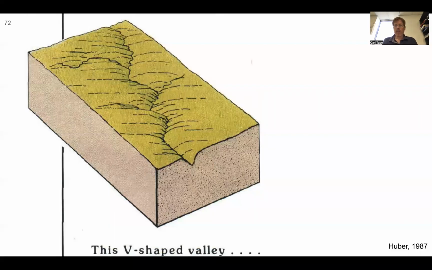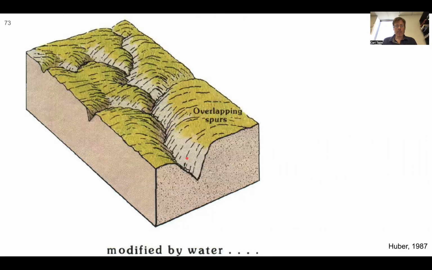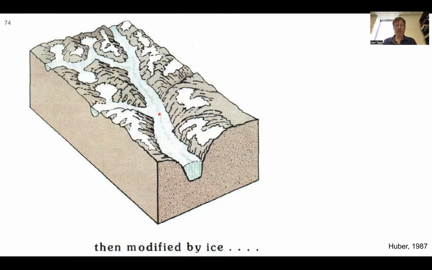And here's from a 1987 book about the geology of national parks. It shows a V-shaped valley of a river. Here's the V, modified by water erosion, then modified by ice.